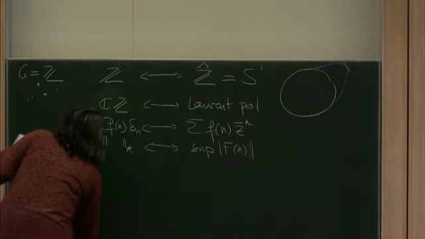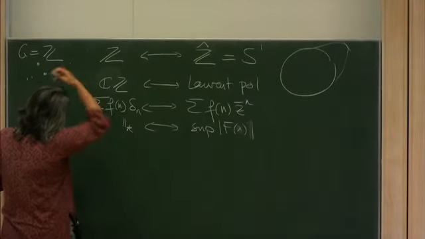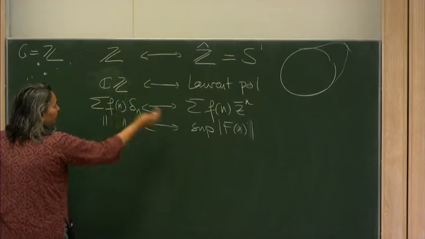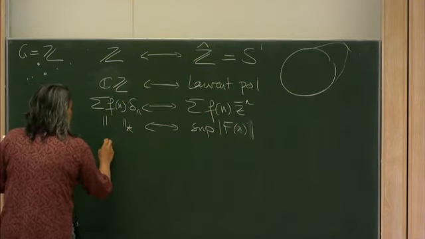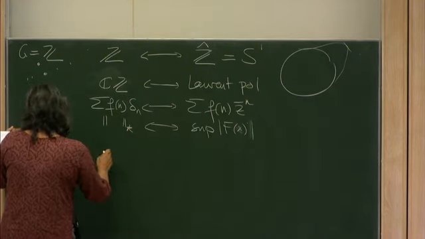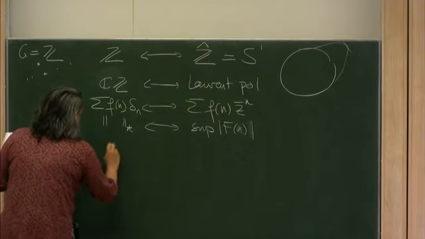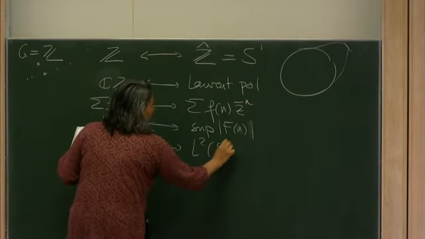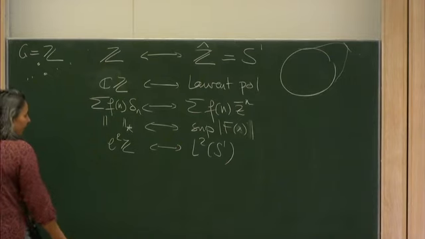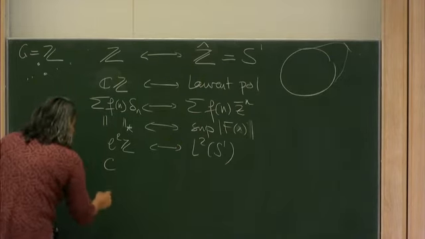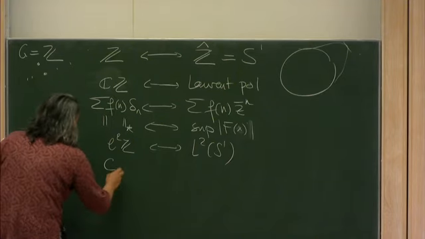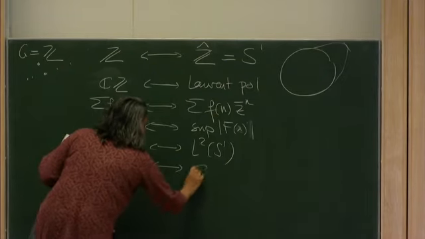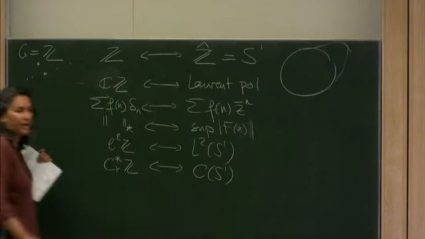And if you continue with this identification and you complete with the L2 norm, you can do that on both sides. You have an isometric isomorphism between L2 of Z and L2 of S1. And you have a C star algebra isometric isomorphism between the reduced C star algebra of Z and the continuous functions over S1.